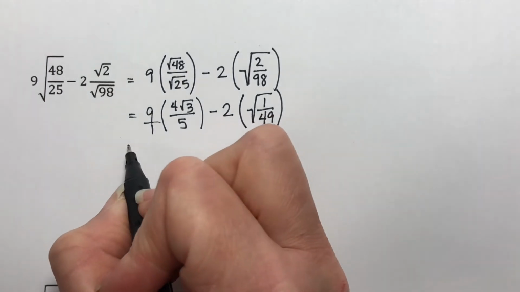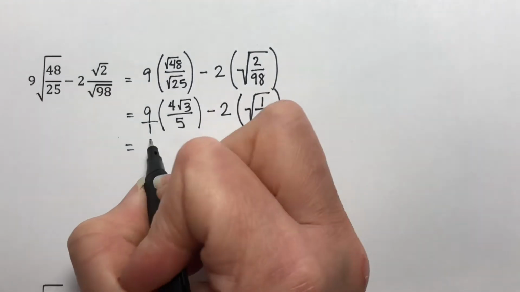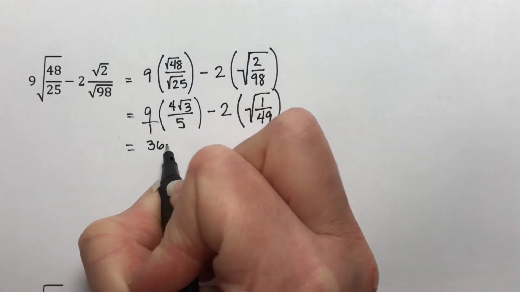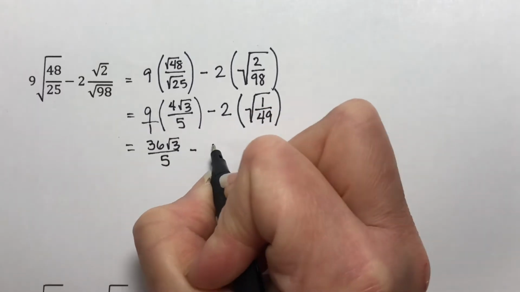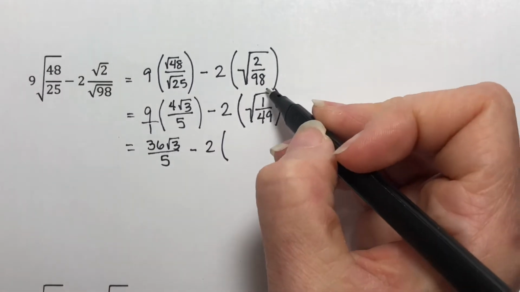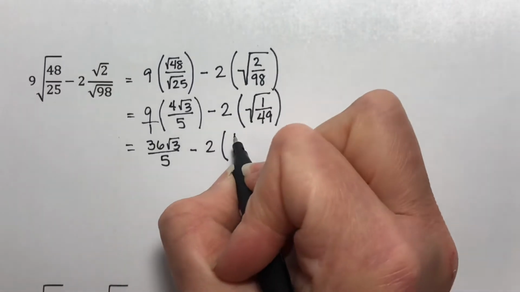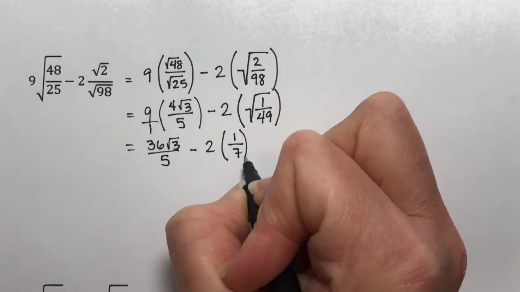Okay, so what do I have right here? I have 9 times 4, which is 36, square root of 3 over 5, minus 2 times, think of splitting this up, the square root of 1 is 1, and the square root of 49 is 7.